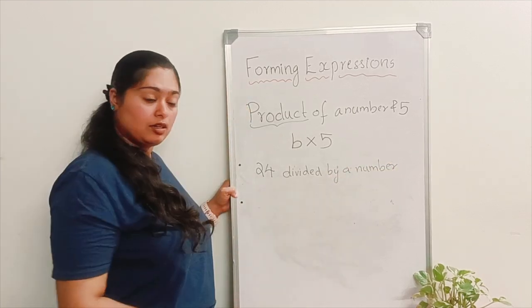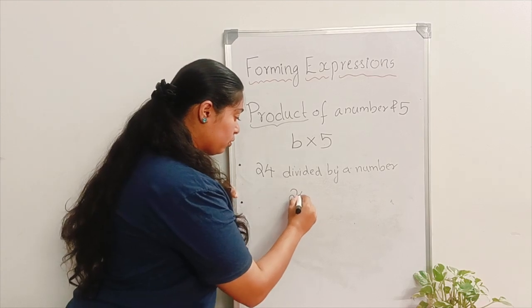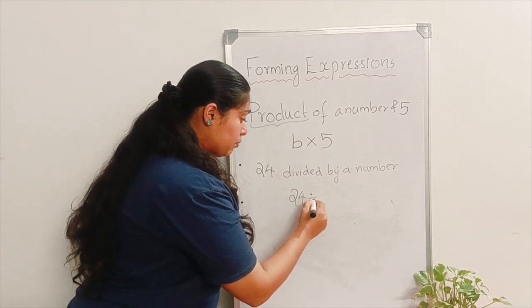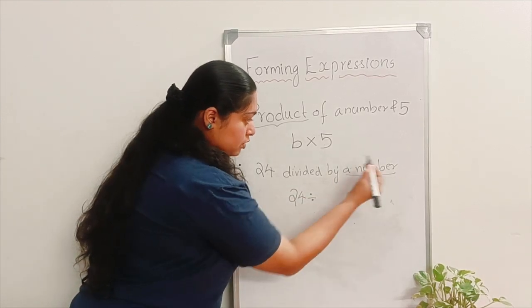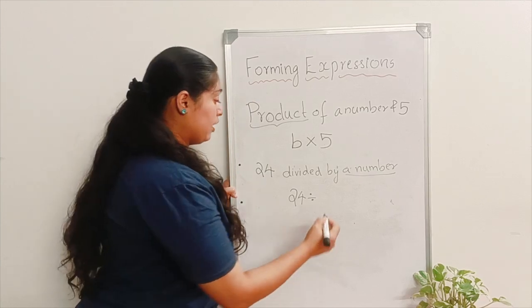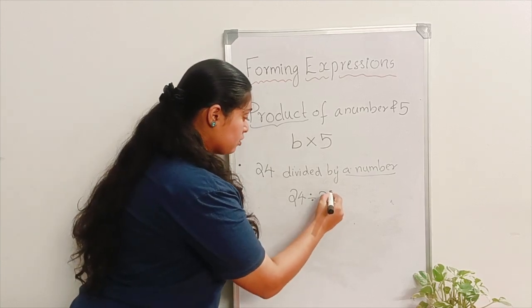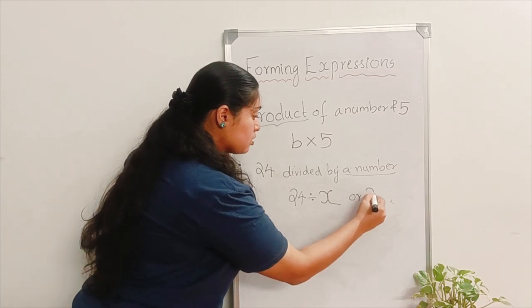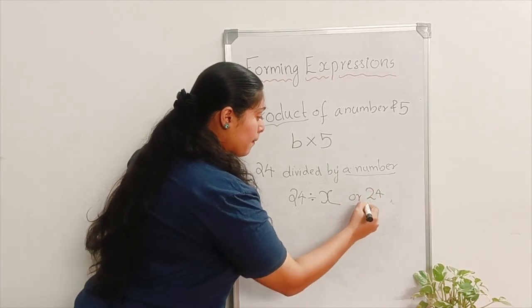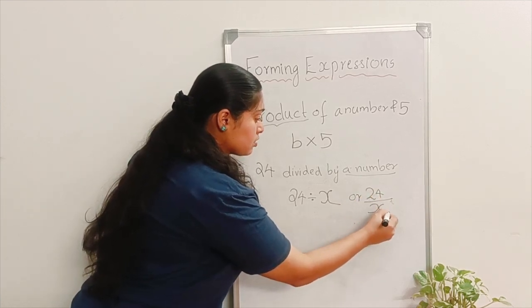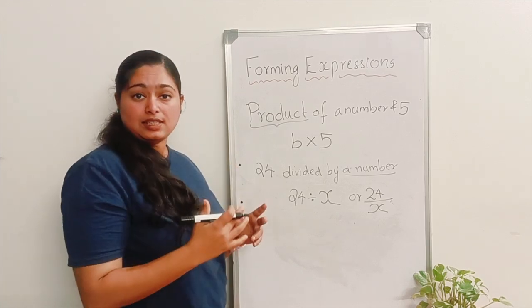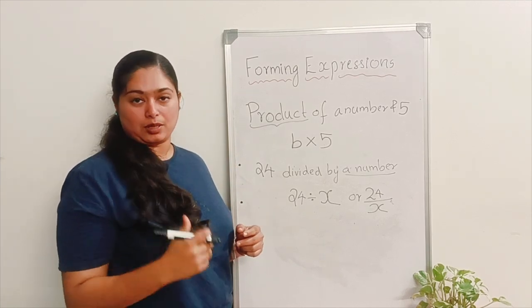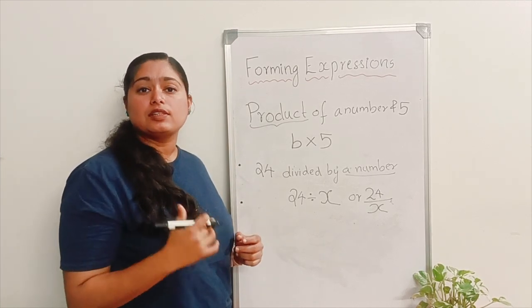So here 24 divided by, we don't know what that number is, so let's take it as a variable. Let's take it as x again: 24 divided by x, or you can also write it as 24 by x. So this is how we are forming expressions by reading a given situation.